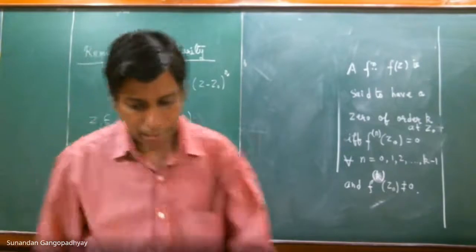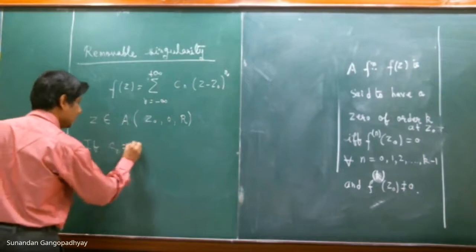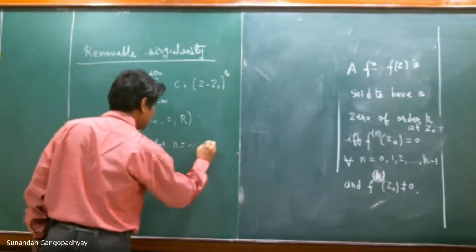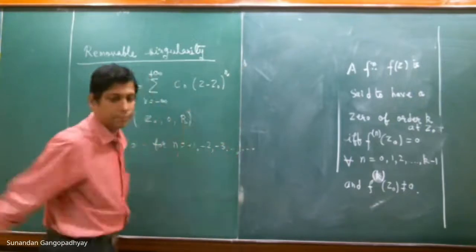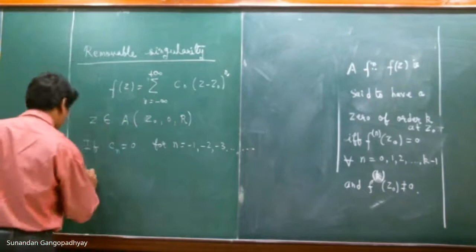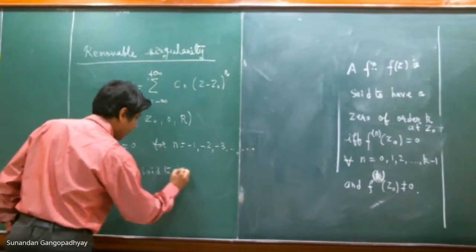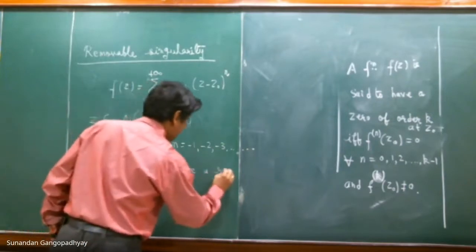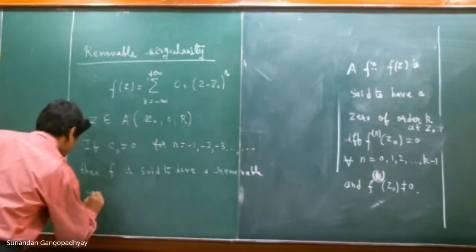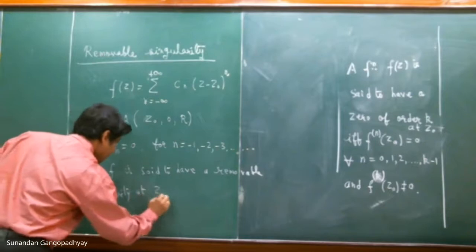And now, if Cn is equal to 0 for n is equal to -1, -2, -3, and so on, then f is said to have a removable singularity at z naught.